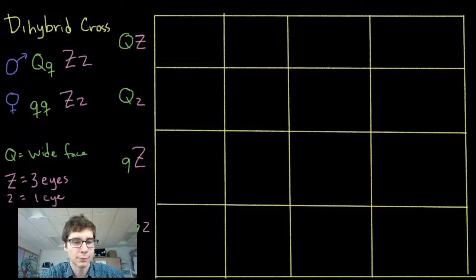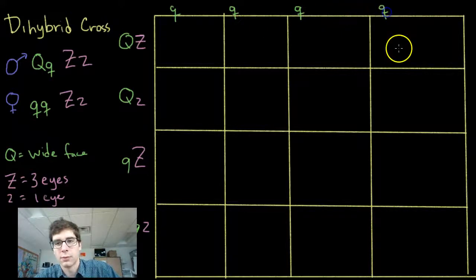Now for mom, we're going to do the same thing. What we notice with mom is that both of mom's Q alleles are lowercase, or recessive. So we can fill in all lowercase q's across the board. That's the only thing mom can give us. But then we could get two different combinations.